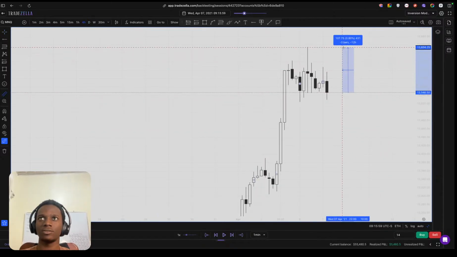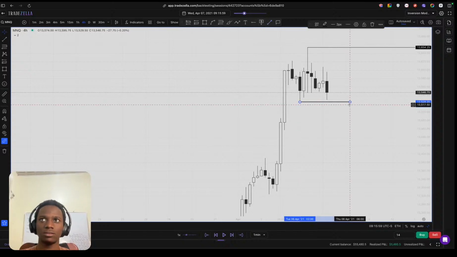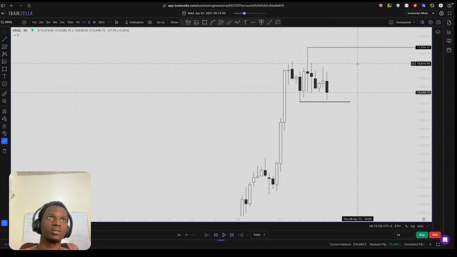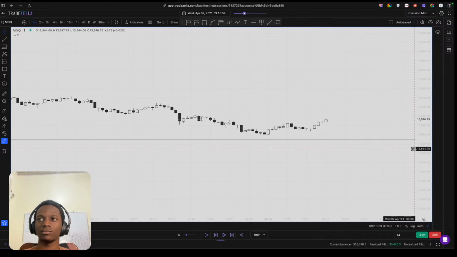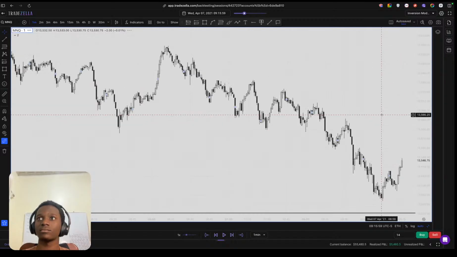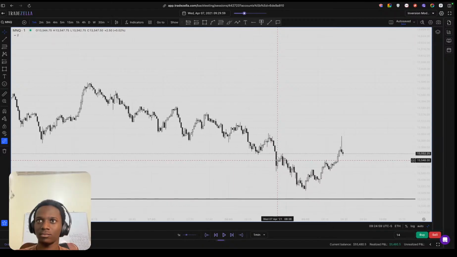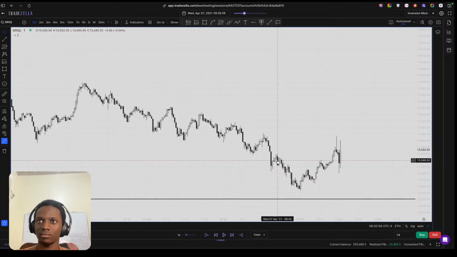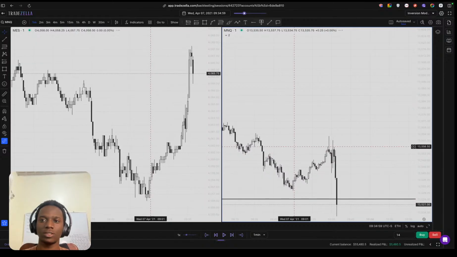Lowest hanging fruit is 100 points away here. Like run on the low, then continuation higher. That's what I think is gonna happen. Okay, run on the lows.